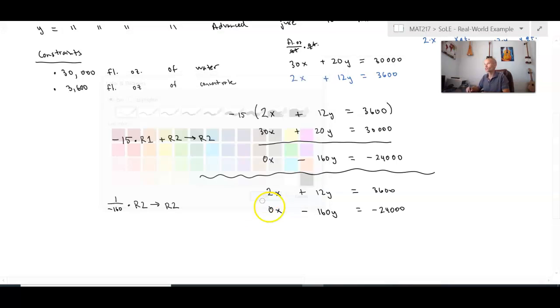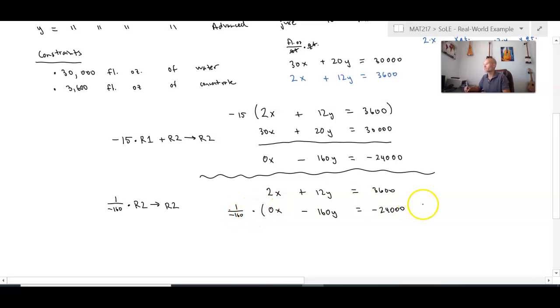if I only change row 2, I take 1 over negative 160, which is the same thing as dividing by negative 160. Then it doesn't change the coefficient of that first variable. It only changes the coefficient of the non-zero variables.